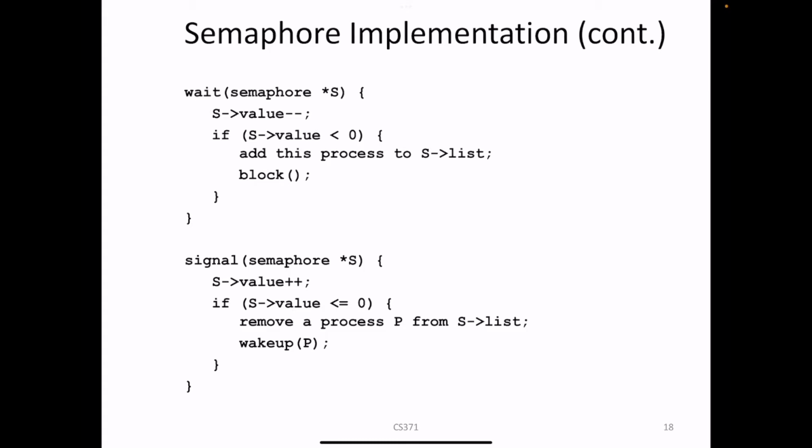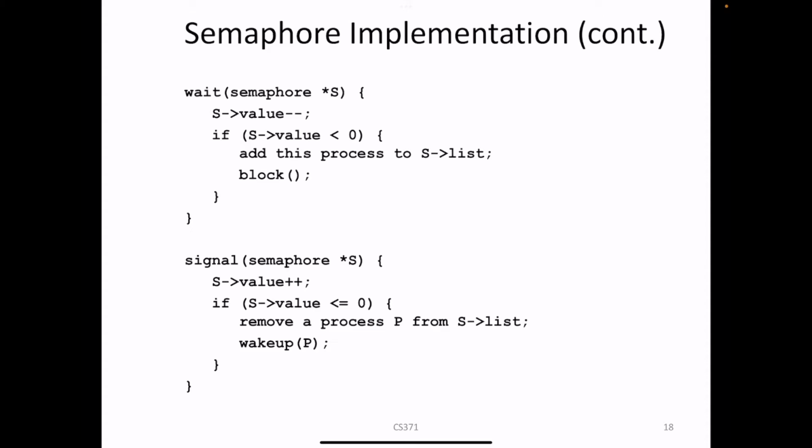When a process gets into a new critical section where the wait operation is located, the wait function will be called, passing the semaphore. Instead of using the while loop, the new wait operation will decrease the semaphore integer value by 1. And then it checks if the integer value is less than 0 or not.